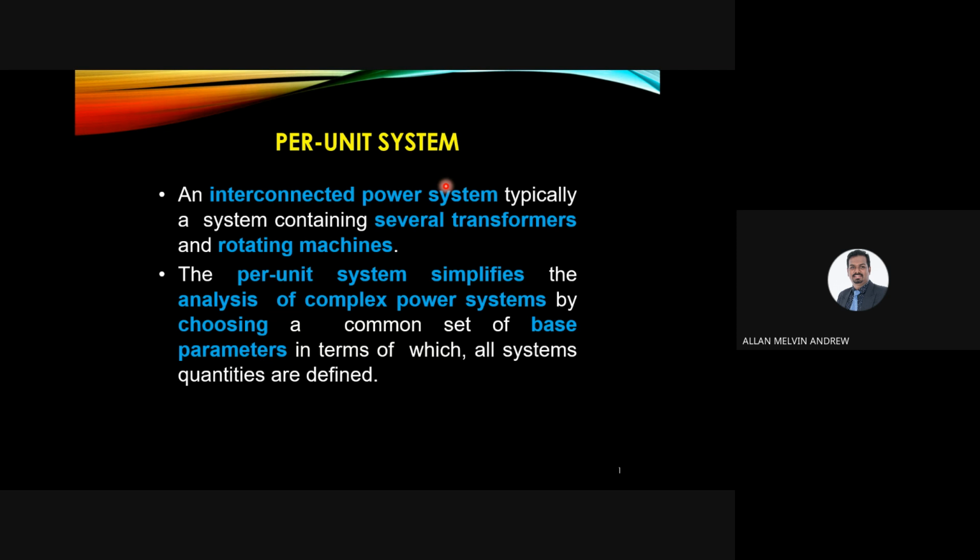system. So imagine throughout Malaysia or throughout the world, how many power systems are there and how many interconnected power systems are there. So this interconnected power system, we call it a grid. Okay, power system grid, G-R-I-D, grid.